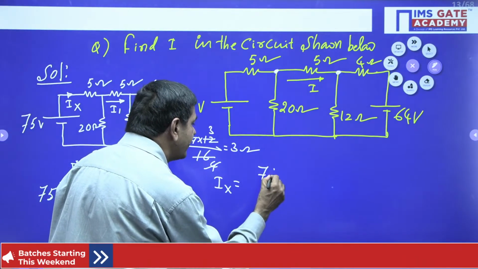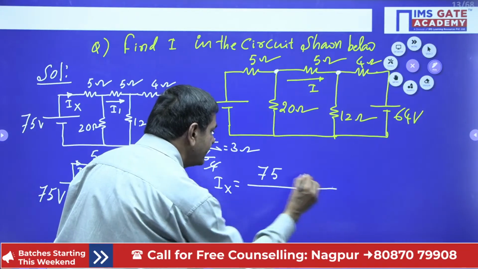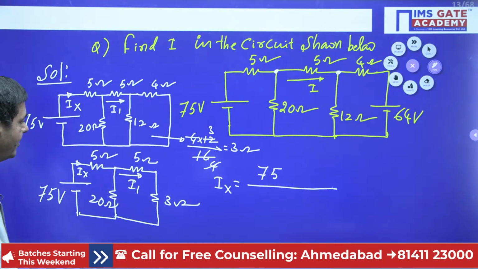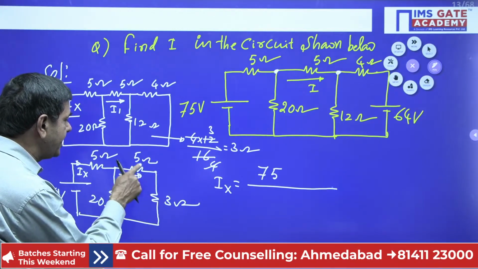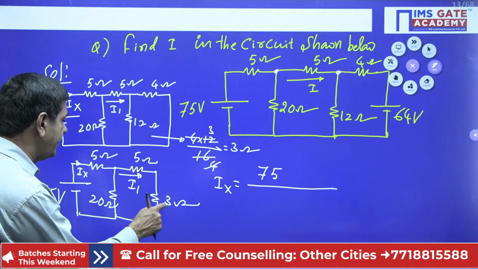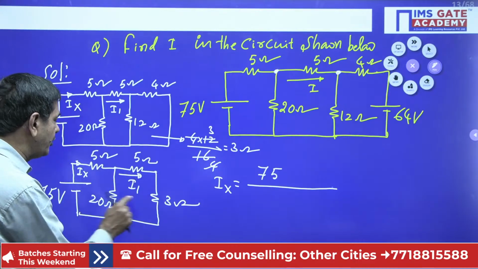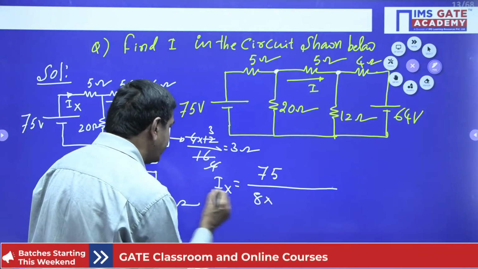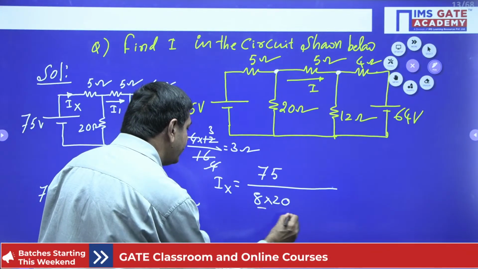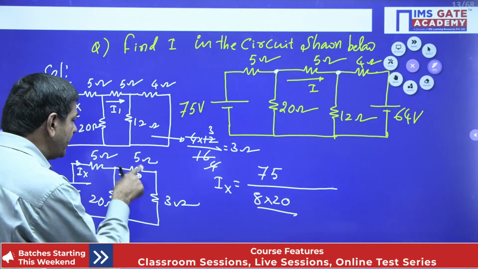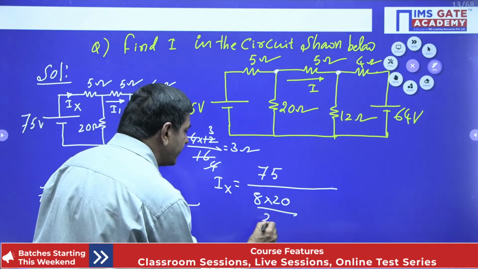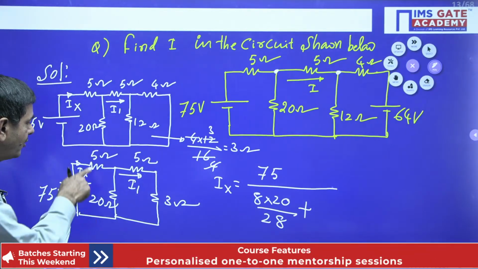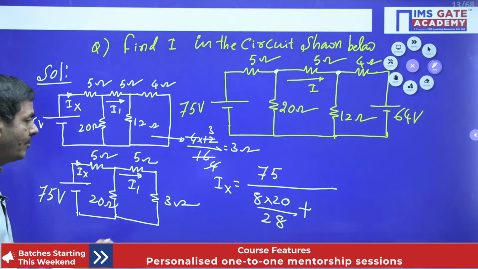Current is the 75 volts divided by the total resistance. What total resistance do we get here? 5 and 3 are in series, 8, parallel to 20. 8 into 20 divided by 20 plus 8, 28, and in series with the 5 ohm resistance, which I connect directly.